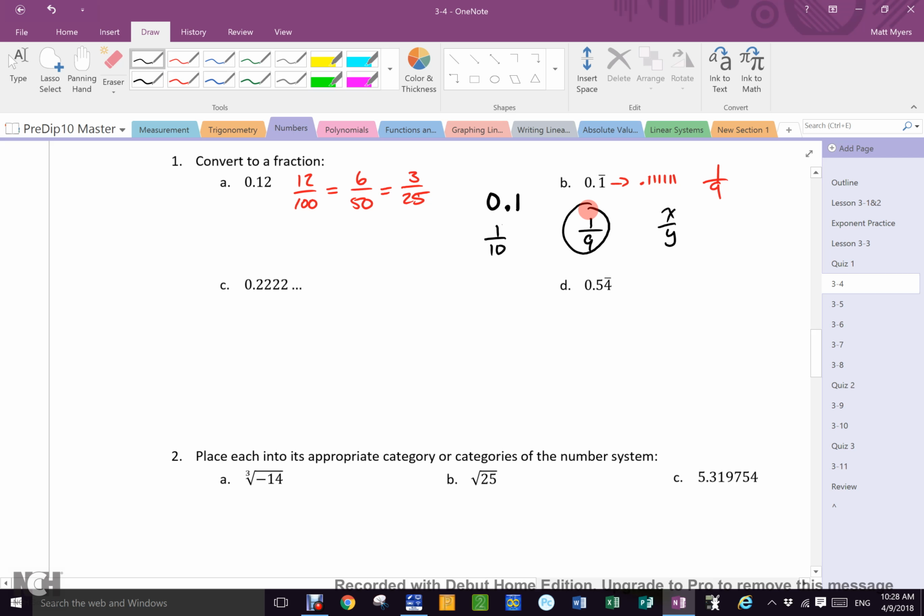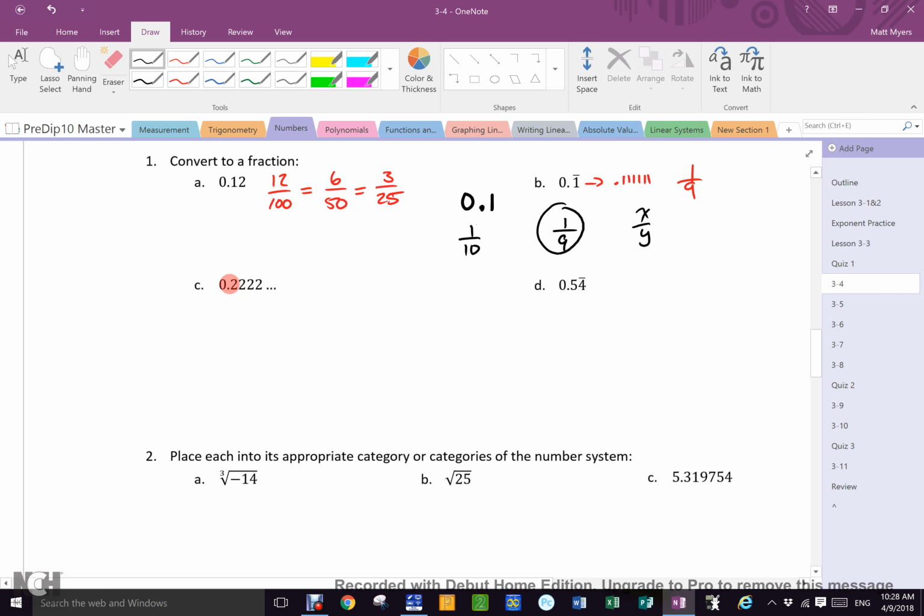Now, being the smart individuals that you are, if 0.1 repeating was 1/9, what would 0.2 repeating be? 2 over 9.